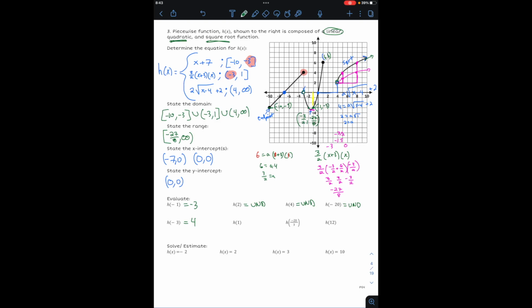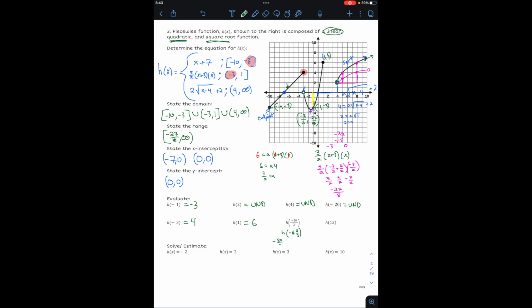H of 1, we said the coordinates 1, 6 are on this graph, so it's 6. H of negative 20 over 3. Okay, what a blast. So negative 20 over 3, if we divide that, that's equivalent to h of negative 6 and 2/3. If we see that, we're going to be somewhere here. We actually need to plug that into our linear function.